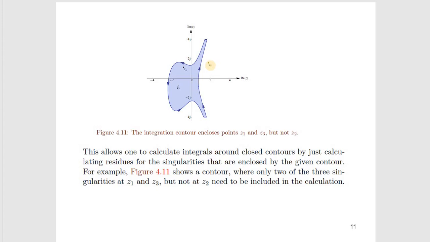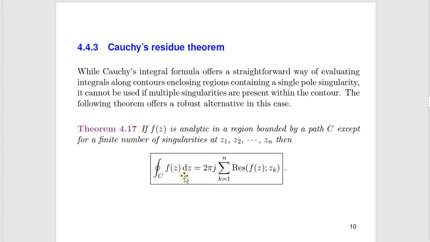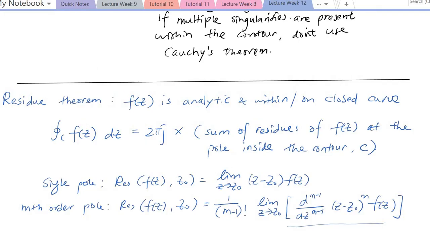So when you sum up, we find the residue for the pole at this point and this point, but not this point. Then you sum them up and multiply by 2 pi j. So here is the formula, or you can refer to the notes: you add up the residues, and then you multiply by 2 pi j.